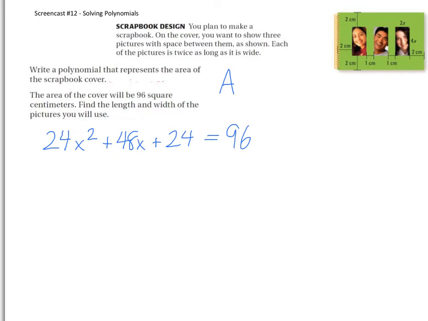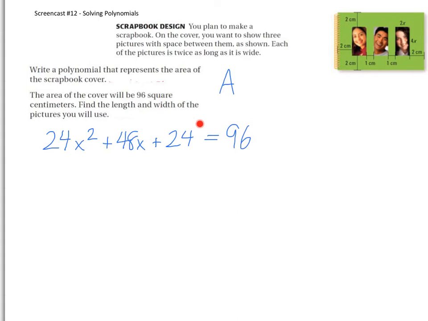And as I just said moments ago, if we find x, we will know that to multiply 2x and to multiply 4x, we'll get the length and width of the picture that we're going to use, thus effectively solving the question. Well, here's the question though. How do we solve for this x?